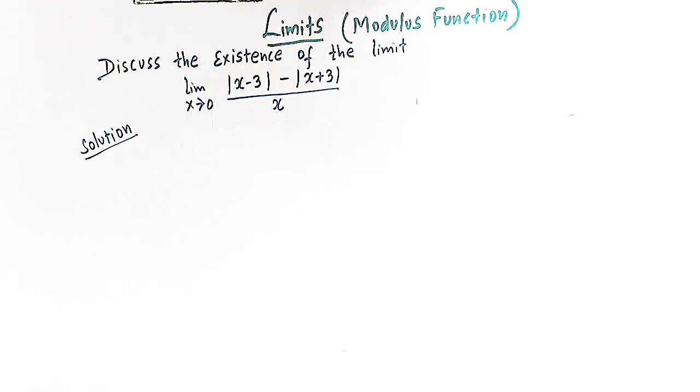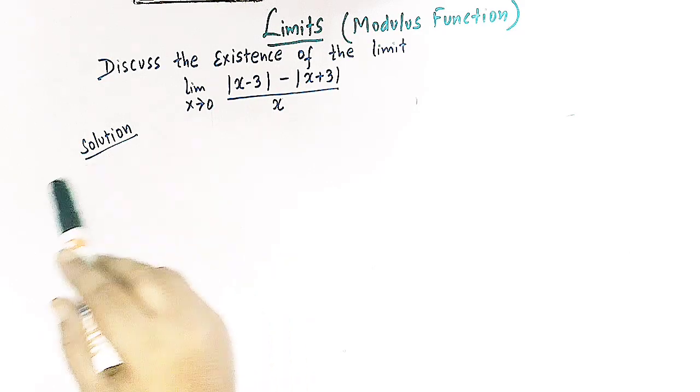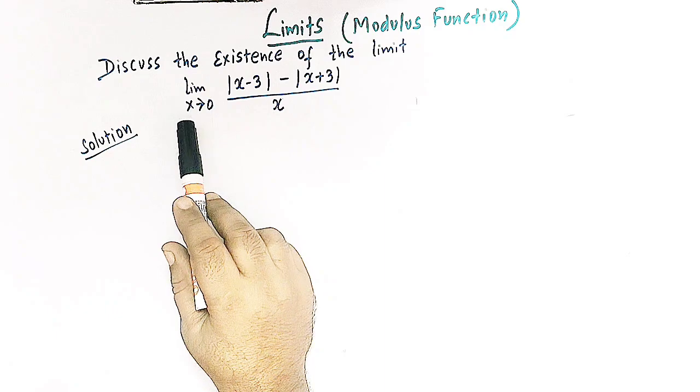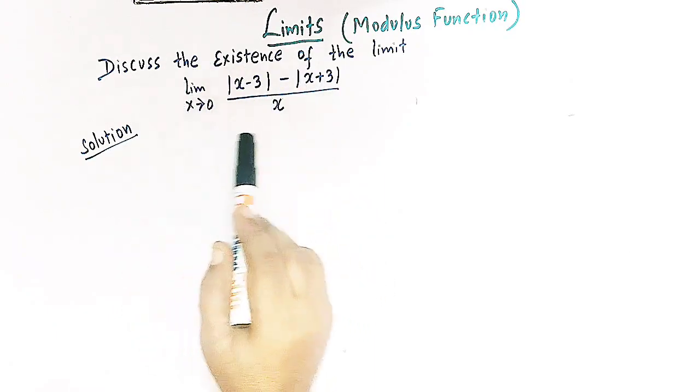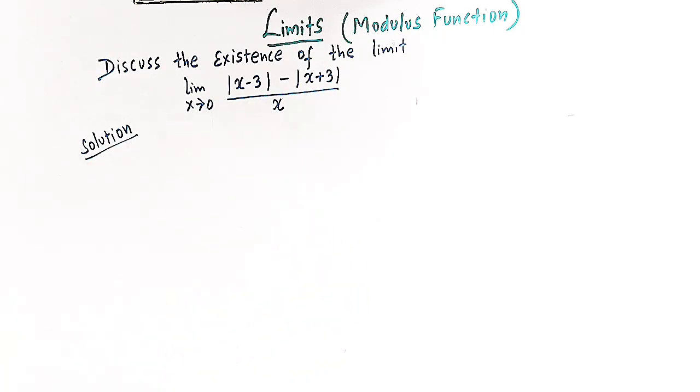So here in order to discuss the existence of this limit, we have to make use of the definition of the mod function, right? If we use the definition of the mod function, then we can easily arrive at the right hand limit and the left hand limit of this function when x approaches 0. So we'll find the right hand limit and the left hand limit, and then we'll draw the conclusion, right?